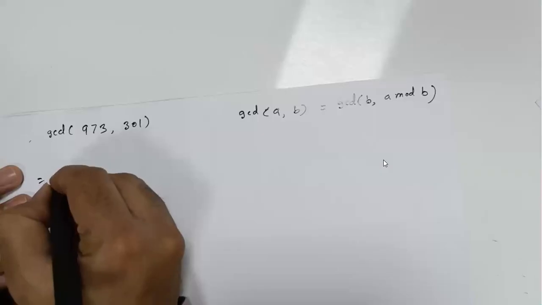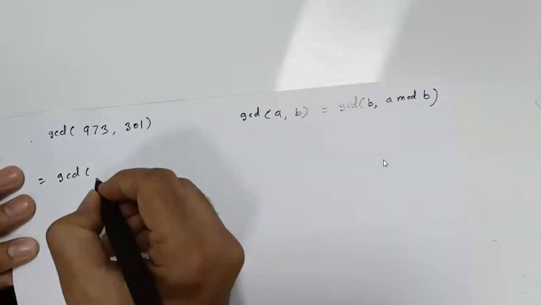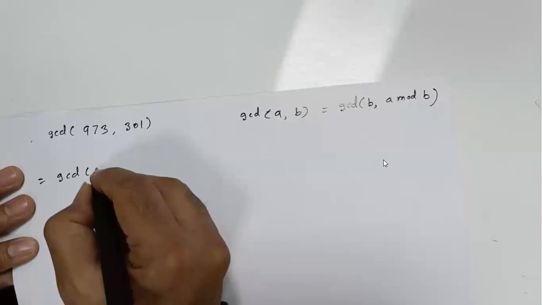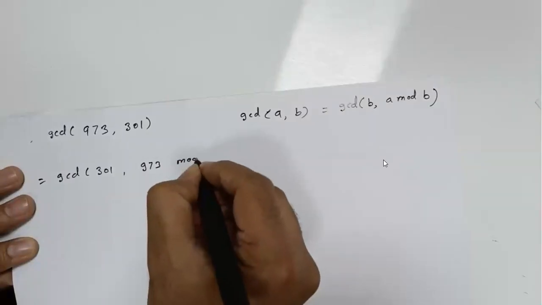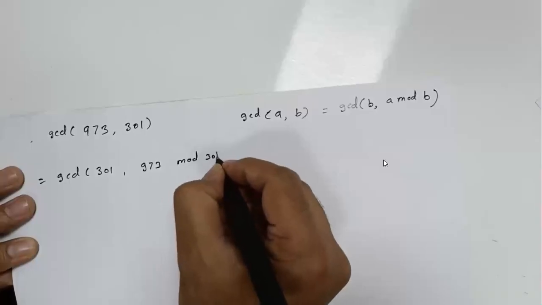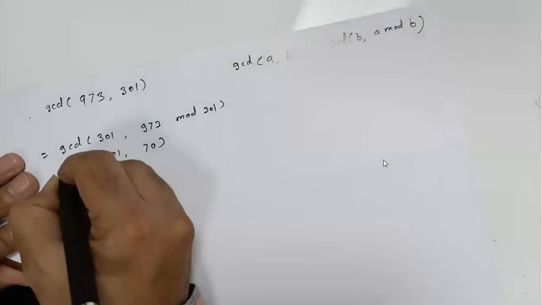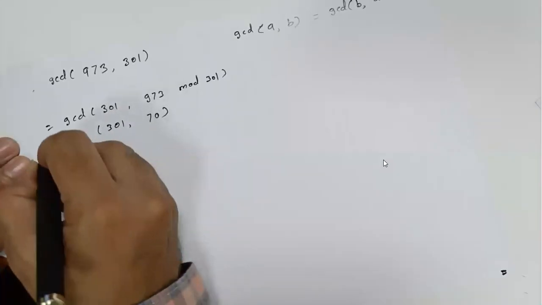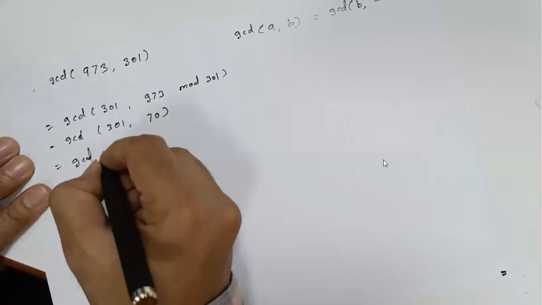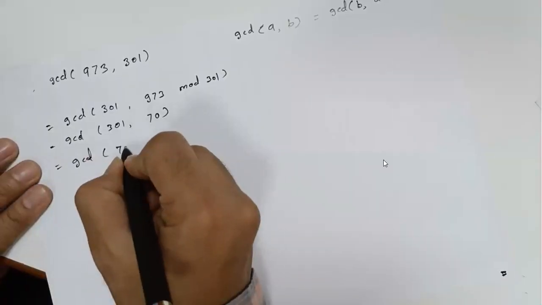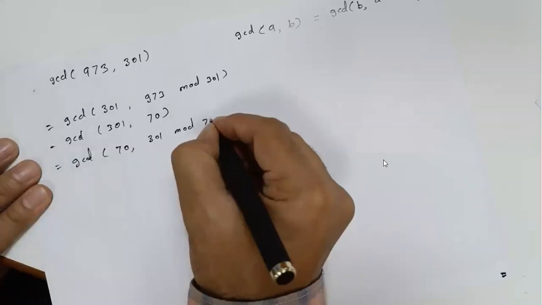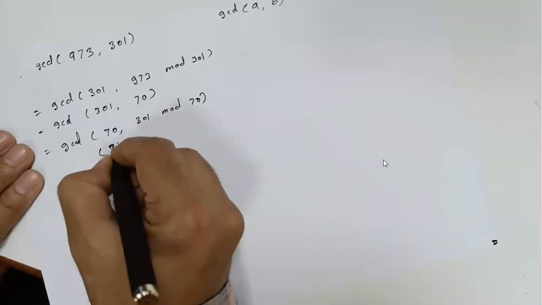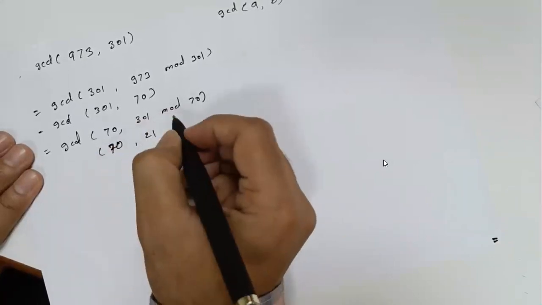GCD of 301, 70. Okay. 301 mod 70 gives 21. So GCD of 70, 21.